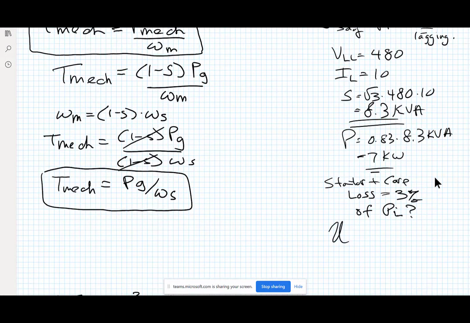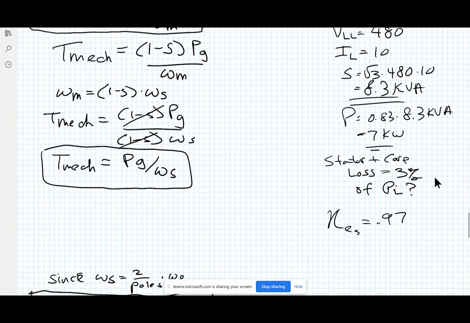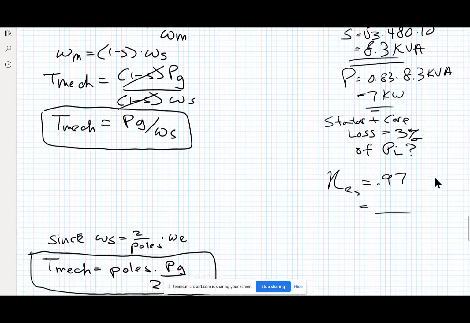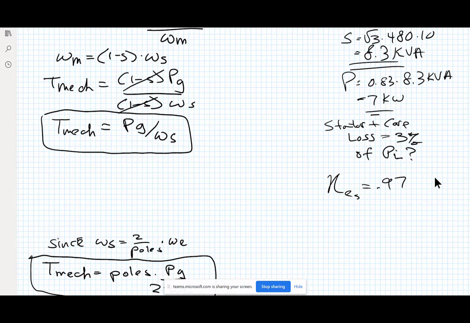That would be the same as saying I've got an efficiency on the stator side of 0.97, which is the same as saying that P in is equal to the P that is delivered to the gap plus the P stator loss, including the core loss. So I'll call it S plus C, stator plus core.